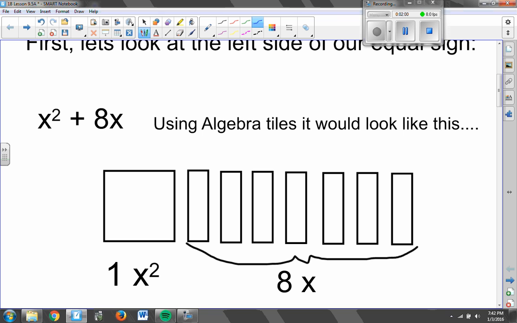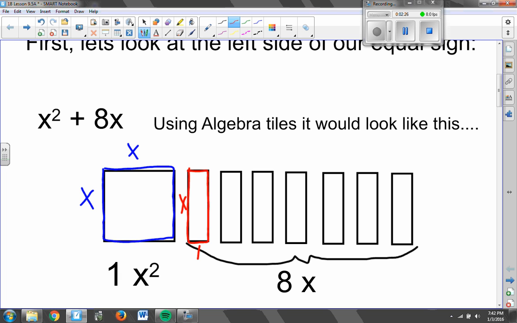This blue square right here is an x squared tile, because its two side lengths are x and x. And then I have 8 smaller rectangles that are x units, because their side lengths are x and 1. So algebra tiles are all about area.